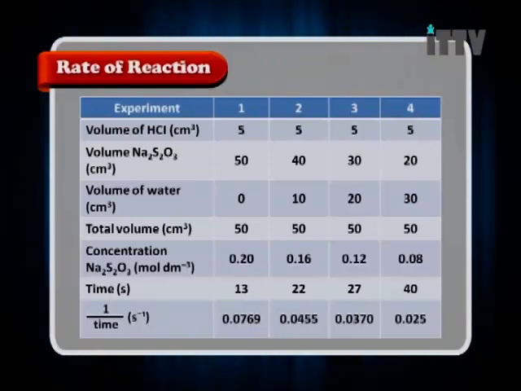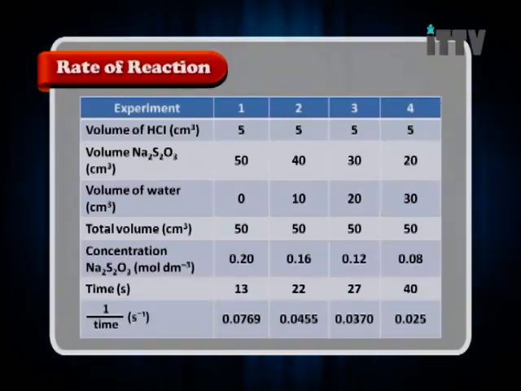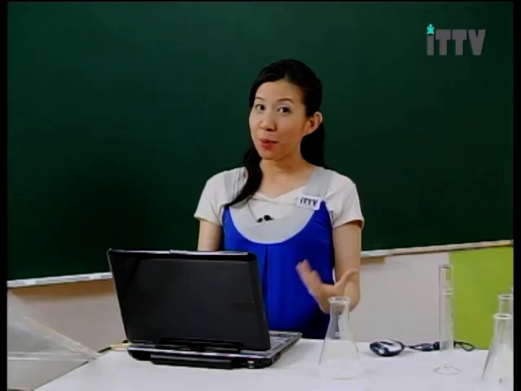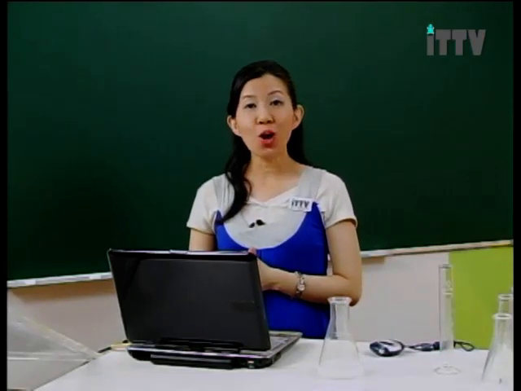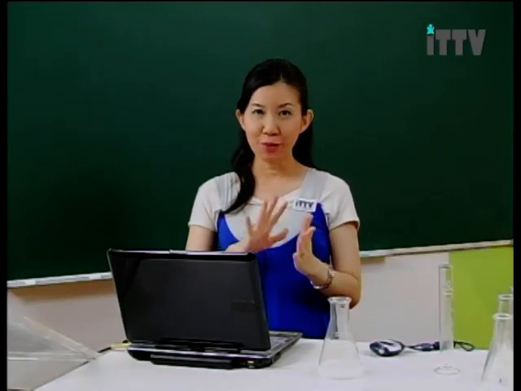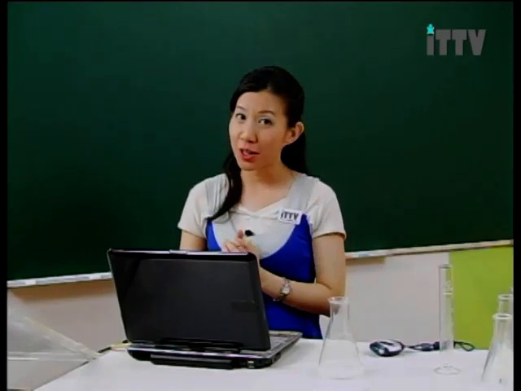And that was about the experiment on testing the effects of different concentrations of reactants on the rate of reaction. We've gotten the experiment results tabulated in the table. So let's now draw 2 graphs to illustrate how different concentrations of sodium thiosulfate will affect the rate of reaction.